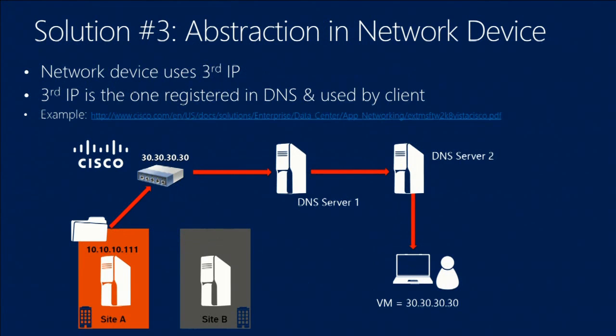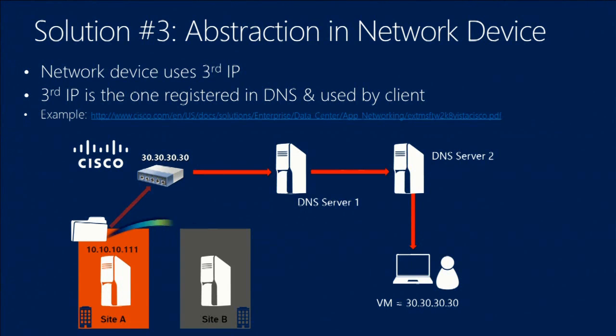There are, for example, from Cisco, I don't know if there is any other provider that actually has similar capabilities, but you may have an abstraction network device where it provides an external IP address, but underneath it maps to more than one IP address.